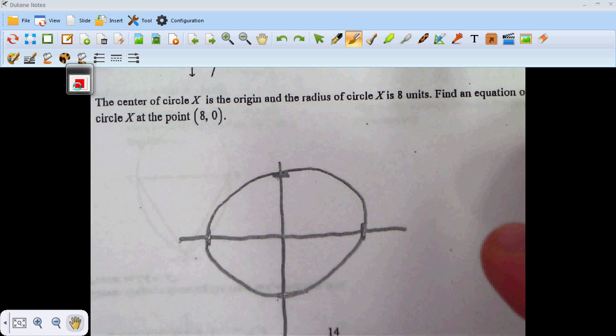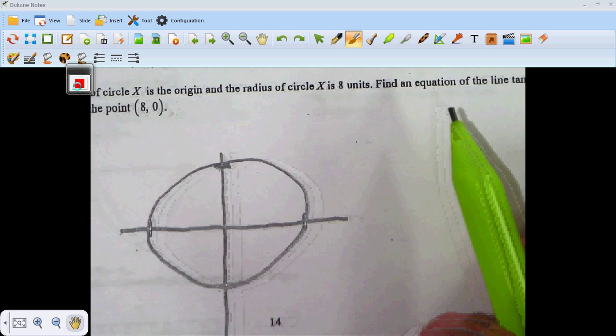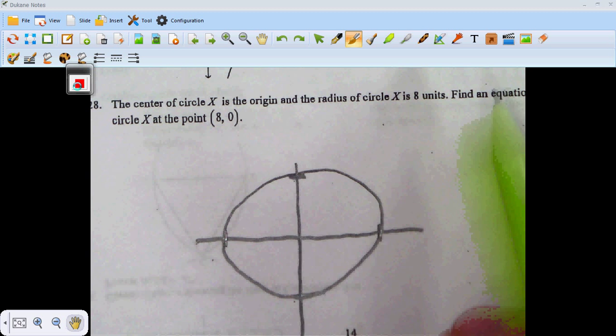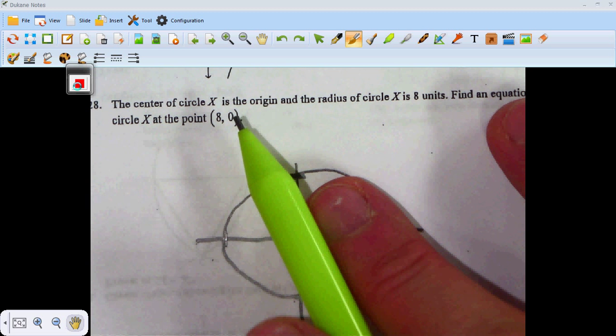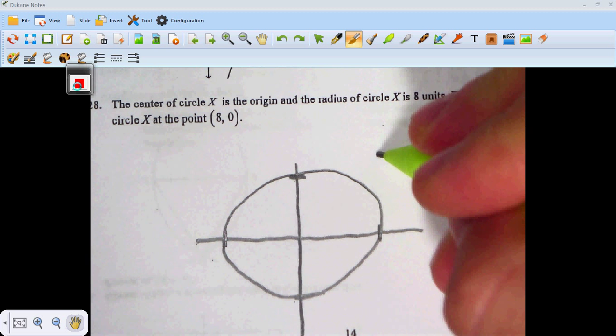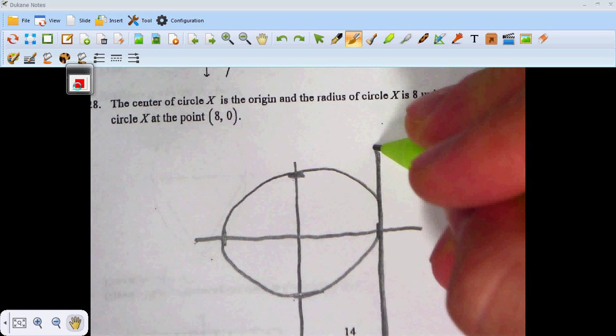They want to find the equation of the line tangent to the circle at the point where x is 8, y is 0. So they want the equation of that line.